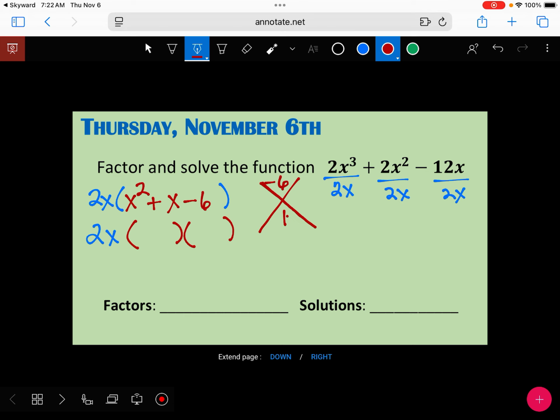Anybody know the numbers? -3 and 2? Close. We got to split the signs. So the bigger number has to be positive. So it has to be +3 and -2. So what we're going to put here is x plus 3, x minus 2. So let's go ahead and write that here for our factors.